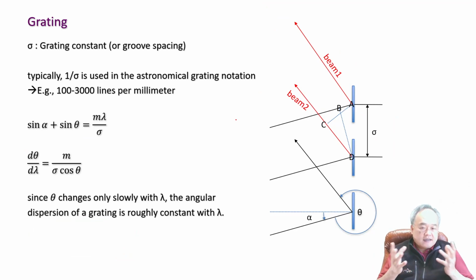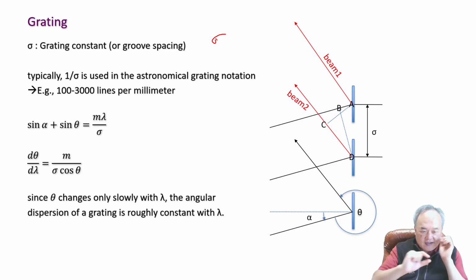In astronomy, this groove spacing or grating constant is measured in a very tiny unit, such as a fraction of a millimeter.